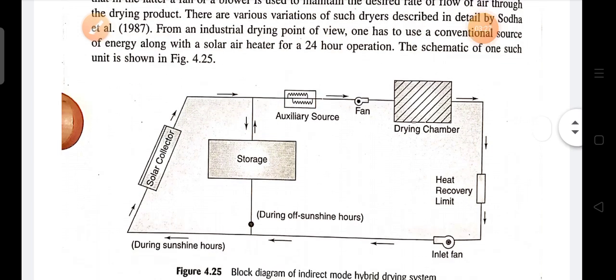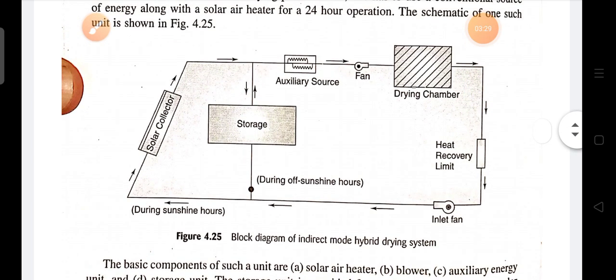Okay, here there is an inlet fan which gives air to the system from outside and pushes the air through the solar collector.